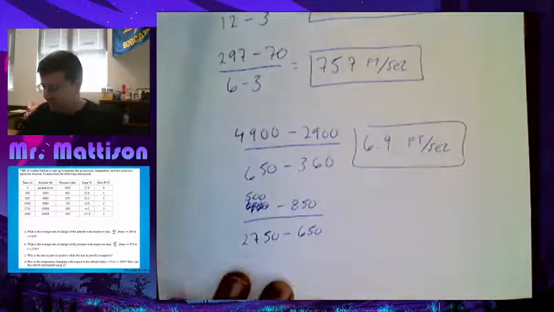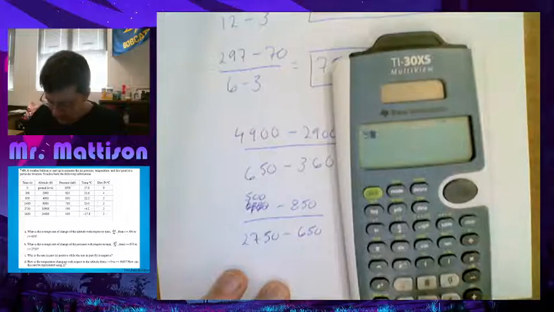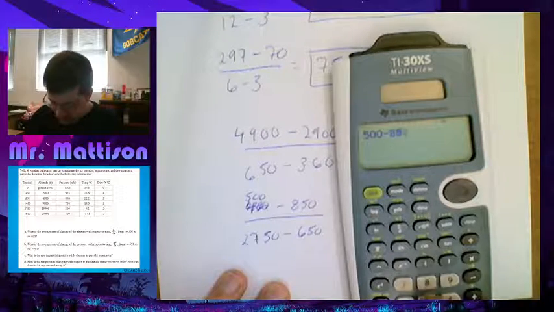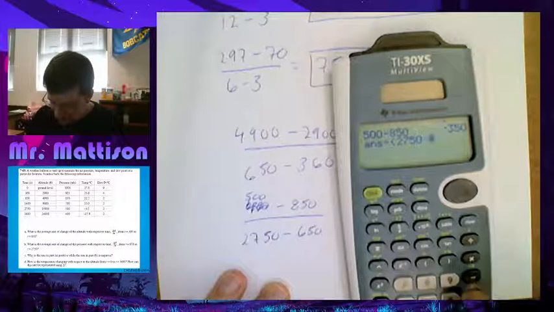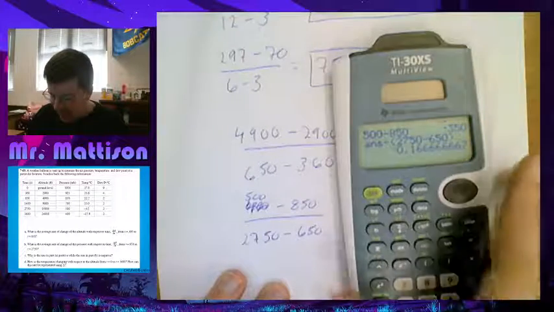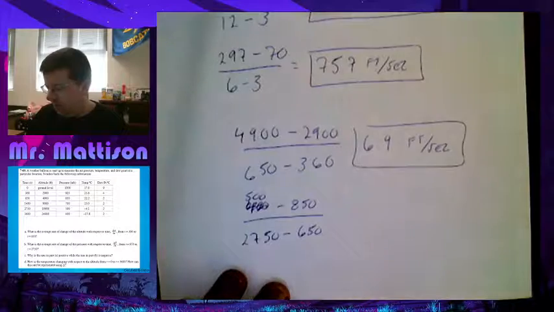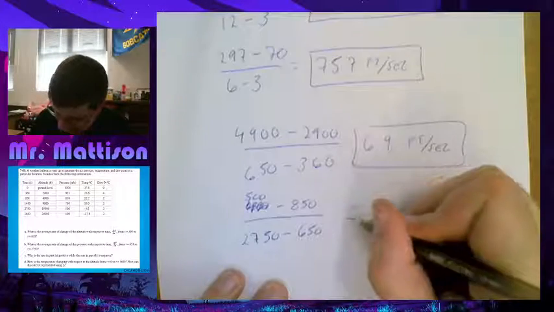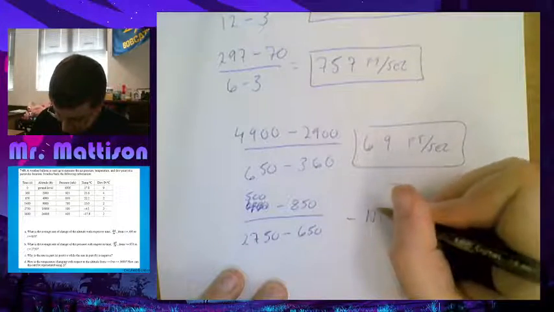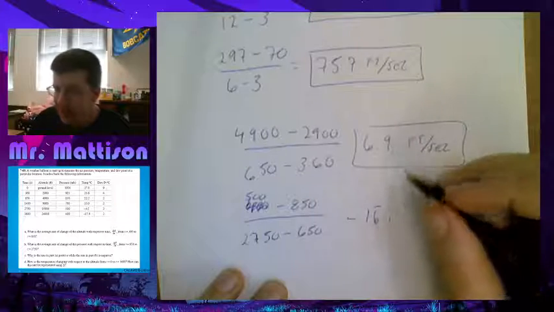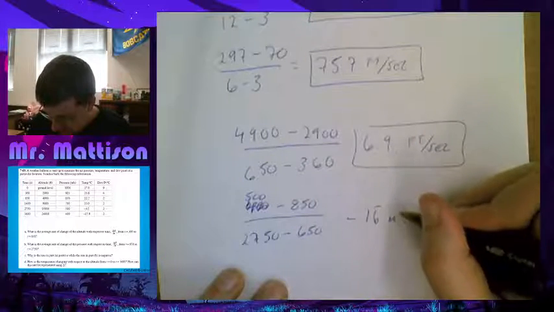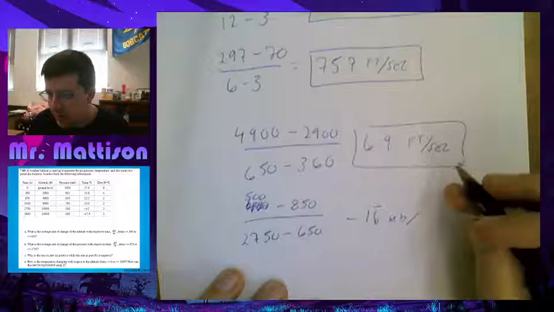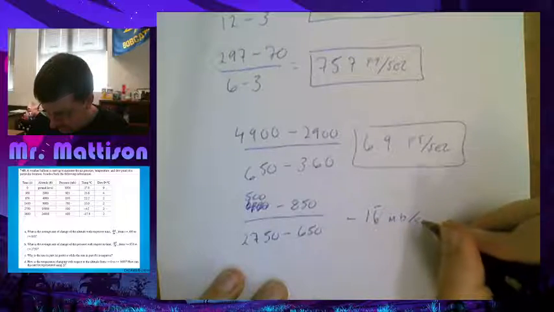So on that one, if I do 500 minus 850, then divide that by 2750 minus 650, my average rate of change is negative 0.16. And that is going to be MB per second.